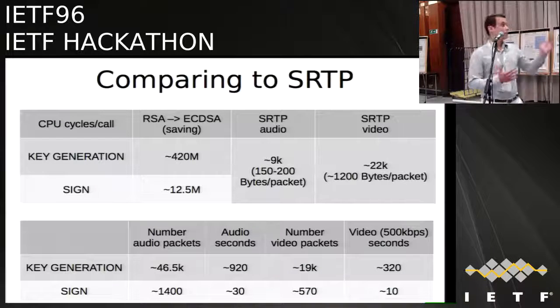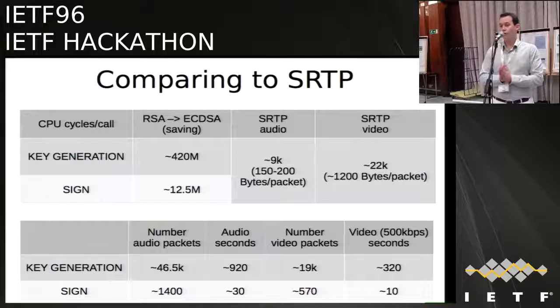Interpreting this table, we can say that with the cycles saved in the DTLS handshake, we could encrypt 900 seconds of audio or 300 seconds of video. That is quite important.